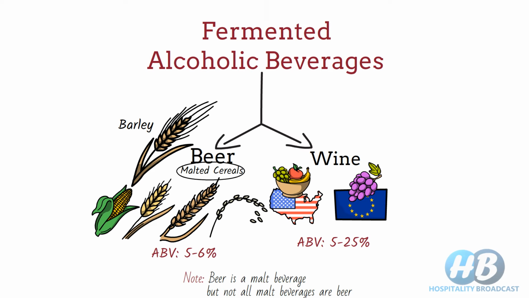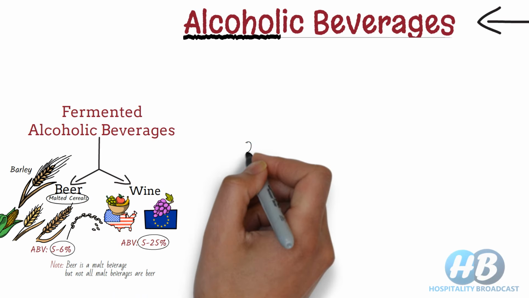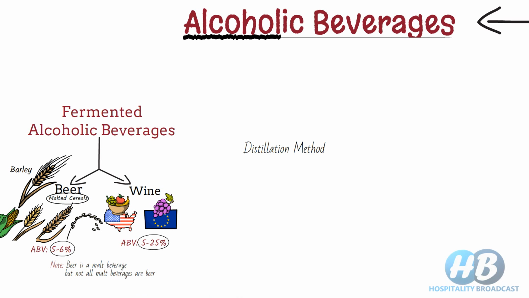Now, generally we know that wine and beer have very low percentage of alcohol. So for obtaining the high percentage of alcohol by volume, alcohol is separated from the fermented alcoholic beverages by distillation method. For more detail on distillation method, watch my video on alcoholic beverages.